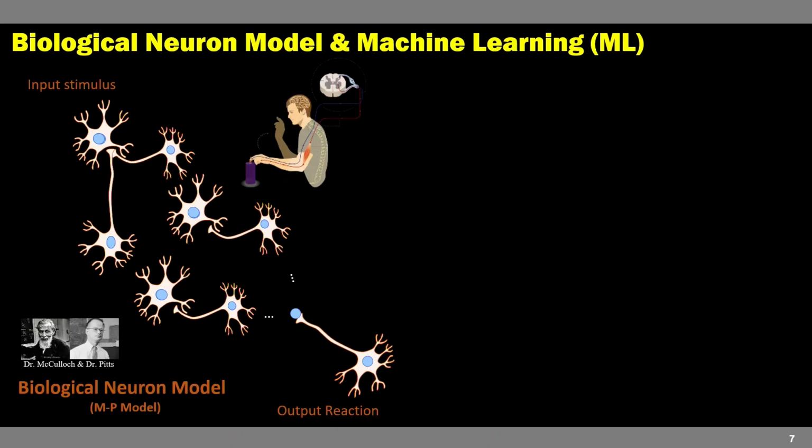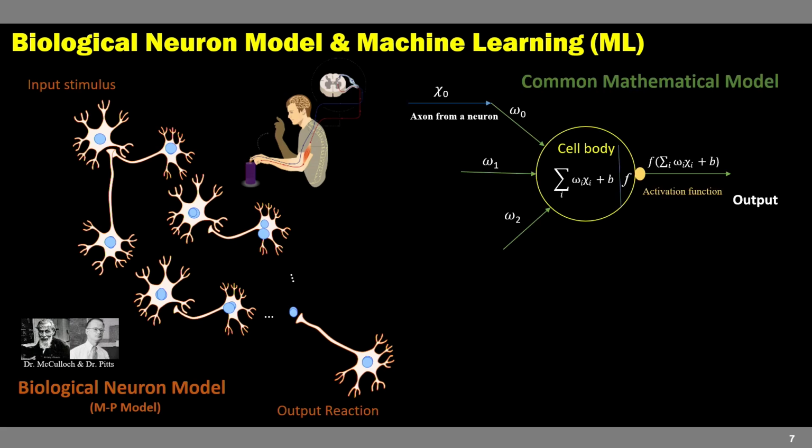So, coming to machine learning. The initial idea for machine learning is based on a biological neural model: once you get some input stimulus, you can make a response. Why does this happen? Because our brain has already been trained enough to respond to this kind of stimulus. This kind of training can be done in childhood.